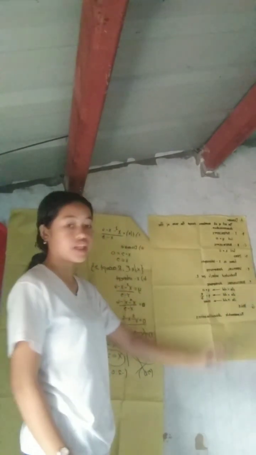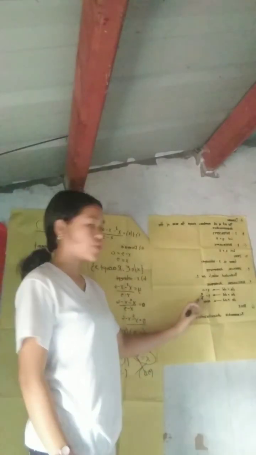So I will discuss the horizontal asymptote. D stands for degree and N stands for numerator. If the degree of the numerator is less than the degree of the denominator, then y is equal to 0. If the degree of the numerator equals the degree of the denominator, then y equals a over b.